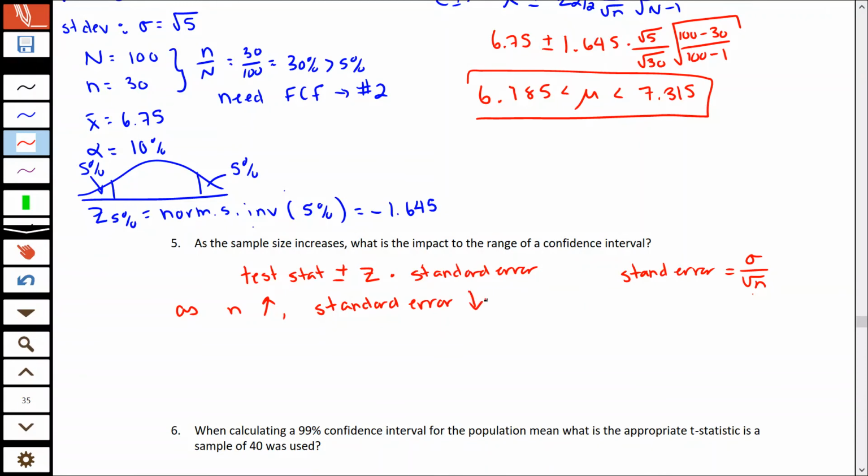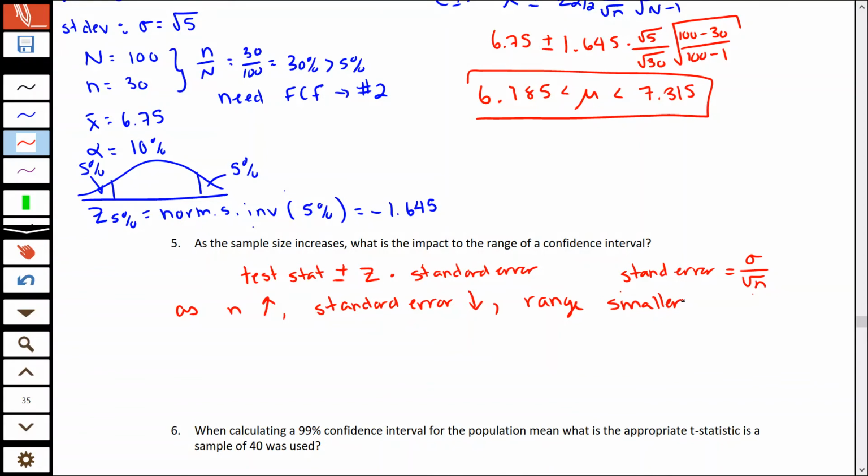As we make the denominator bigger, even though it's under a square root, if we go from a sample size of 10 to maybe a sample size of 100, that denominator, the bottom part, gets bigger, so the whole thing gets smaller. So as n gets big, our standard error gets small, which means that the range is going to get smaller on our confidence interval, right? Because we're going to be adding and subtracting a smaller number, so the overall range is going to be smaller.